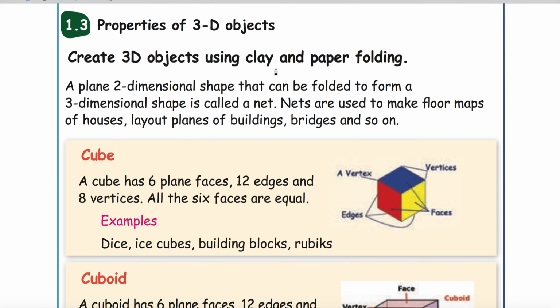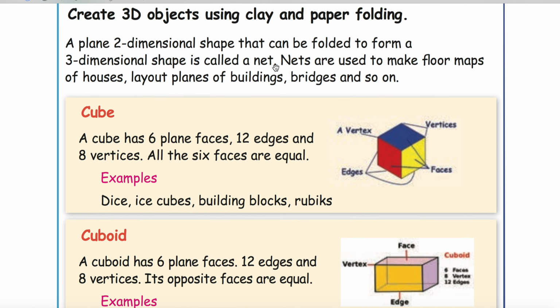Create the 3D objects using clay and paper folding. Cube has 6 plane faces. Okay, what are those faces? 1 2 3, at the back 4. Okay, top 5, bottom 6. Okay, and it has 12 edges.